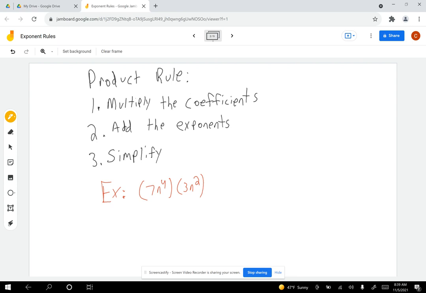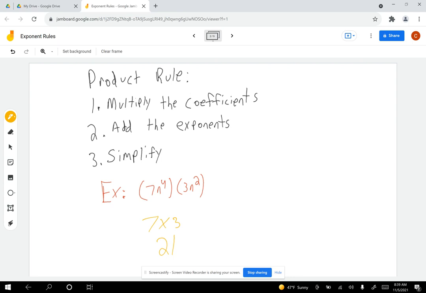So let's look at the first example. If I look at my rules, the first step is to multiply the coefficients. So I'm going to multiply 7 and 3, which gives me 21.